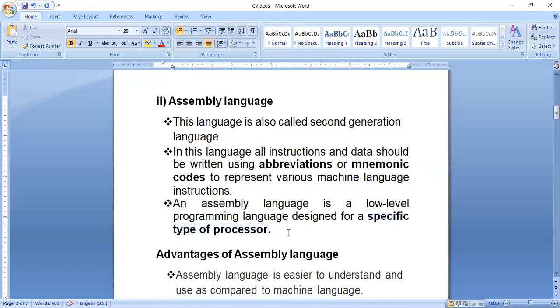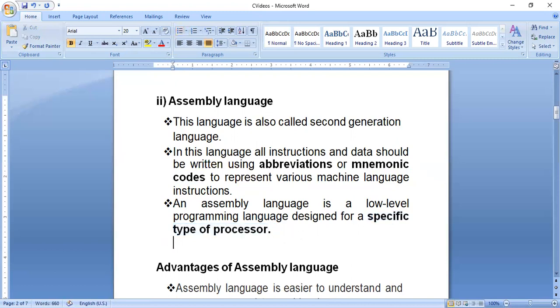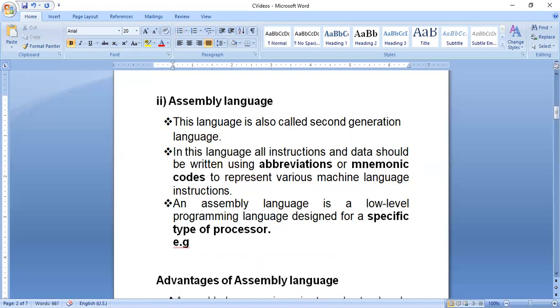I can give a small example of assembly language instructions. ADD A, B. ADD is the mnemonic code or opcode or abbreviation.